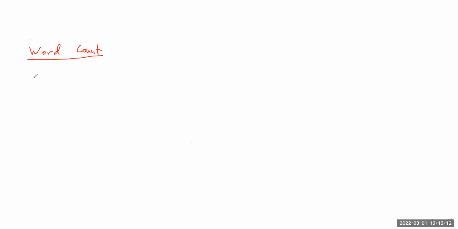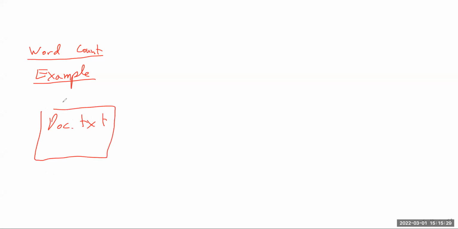So you have, let's say, a big document, document.txt, with all the information. Now you're going to perform the first step, which is basically to map.